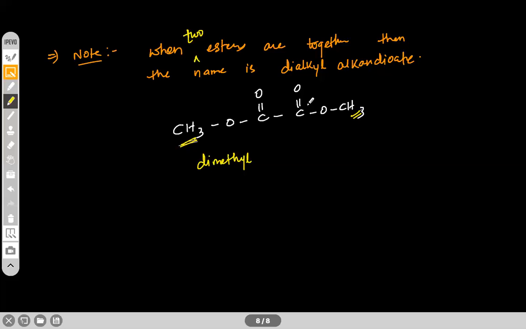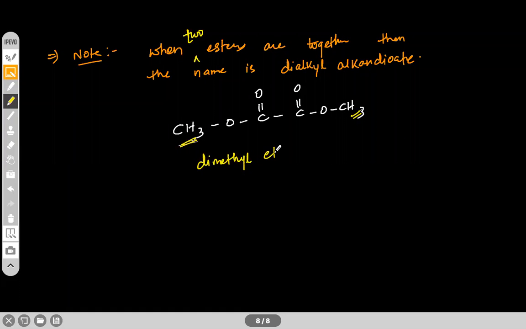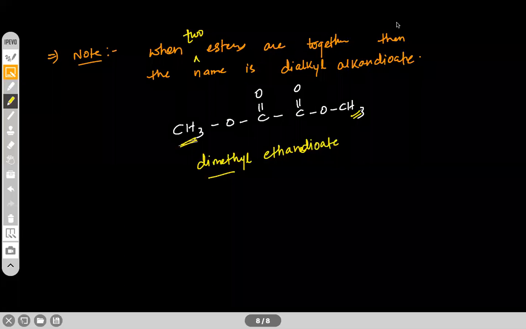So dimethyl, and here we have 2 carbon atoms, right? So it is ethane dioate. That won't be the double ester, I think.